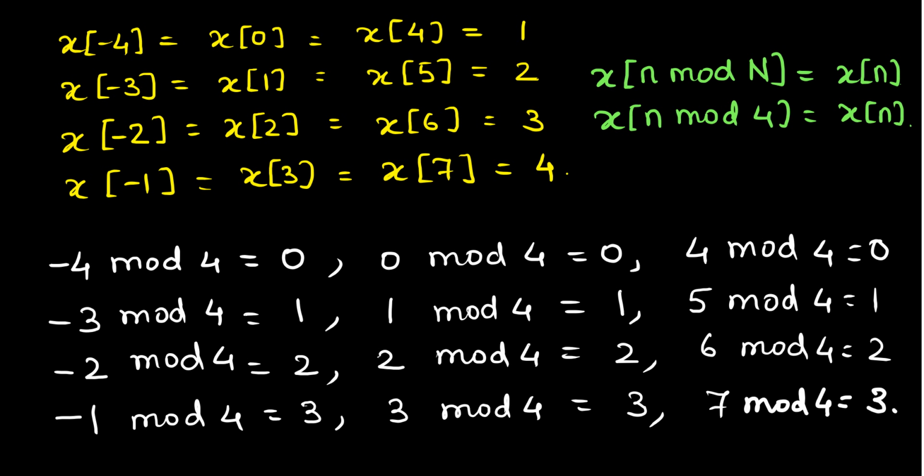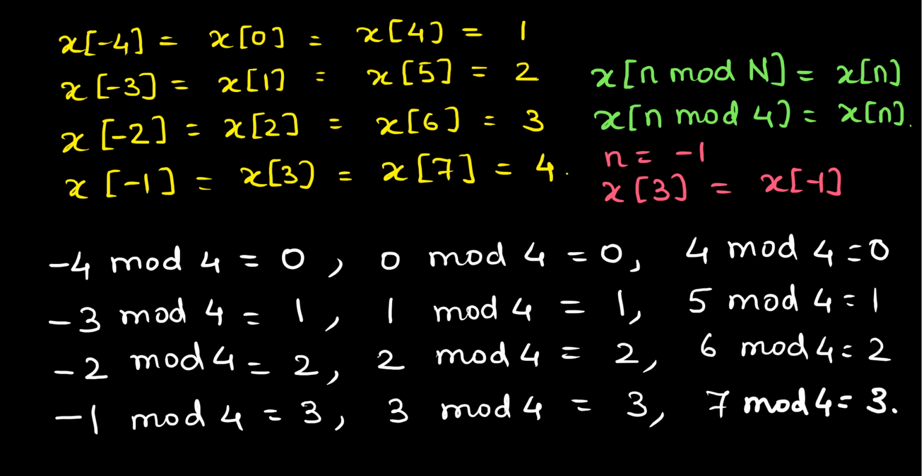If we consider the value of n equal to minus 1, then minus 1 mod 4 is 3. So x of 3 will be equal to x of minus 1, which is very well true here.